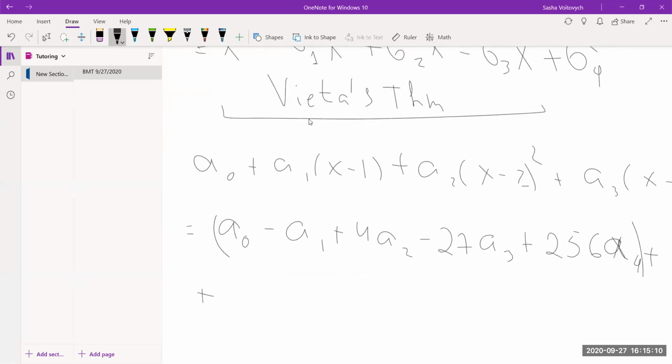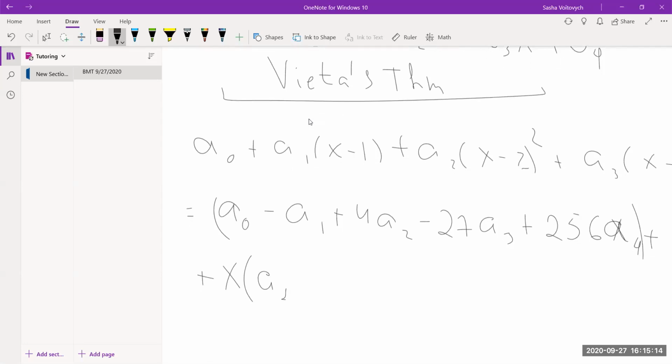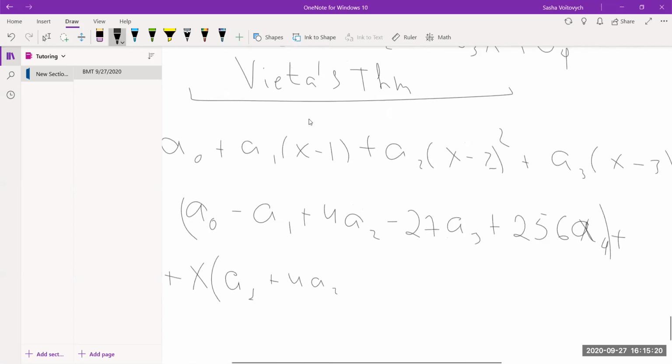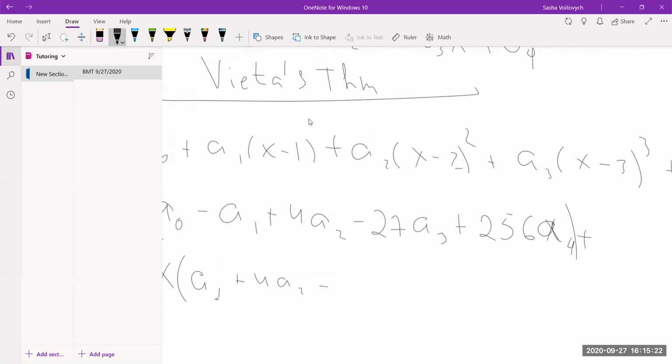So then the coefficient of x will be equal to A1 minus 4A2 plus 27 A3, no, 27 A3.